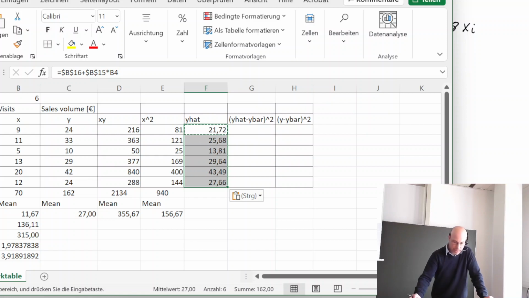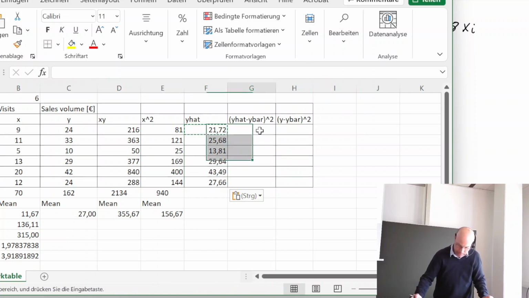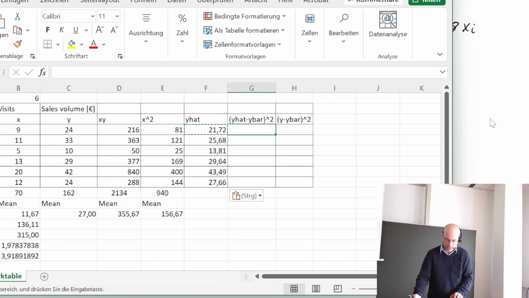In order to calculate our R, we also need the explained squared distance.